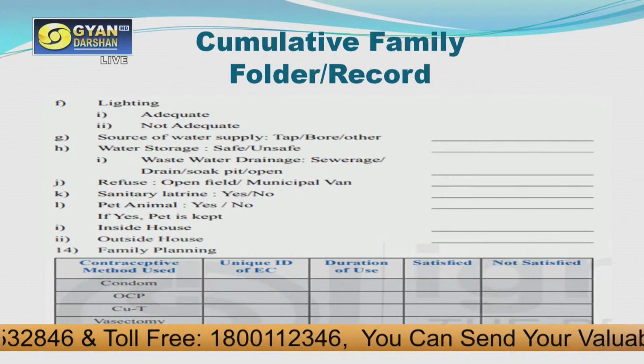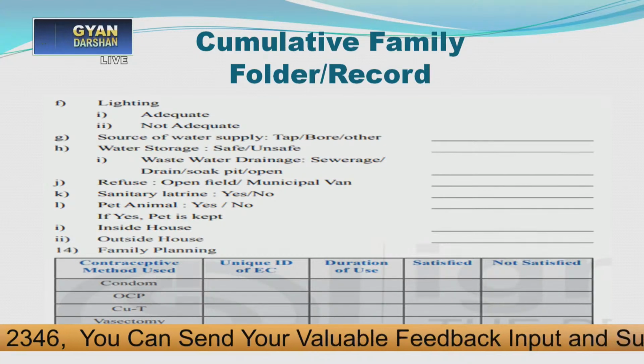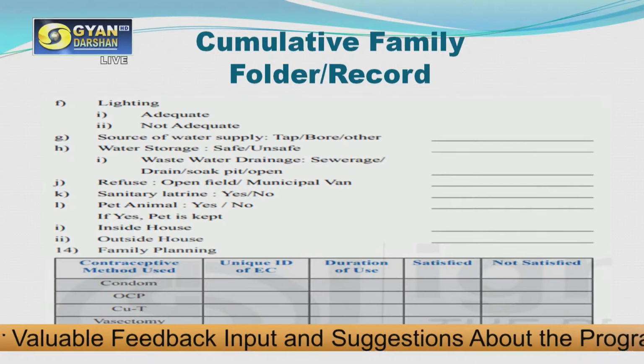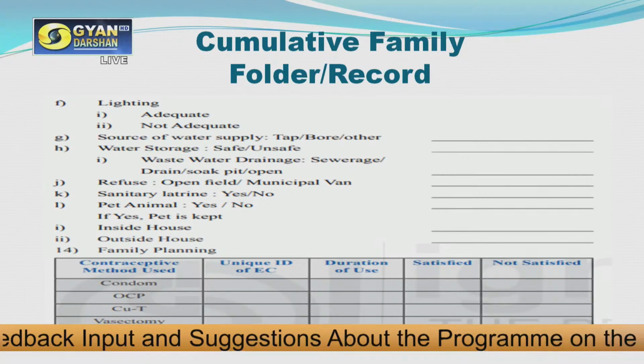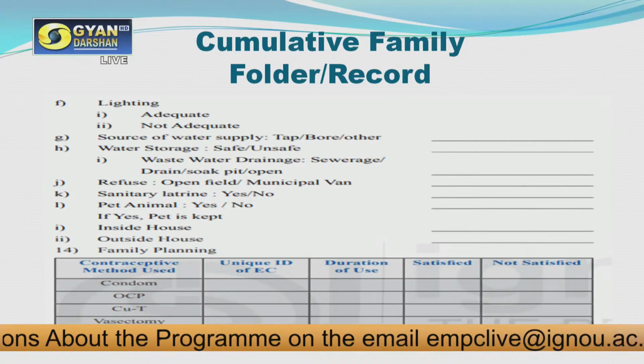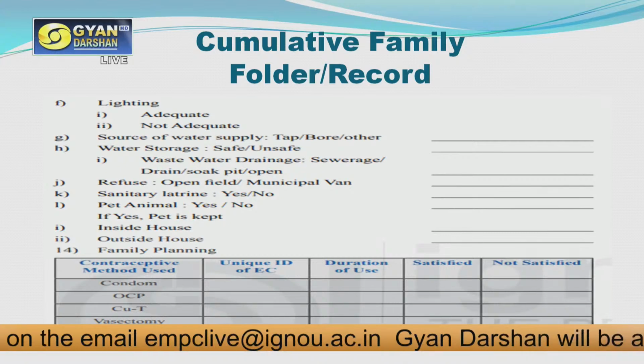So you can write down in the space given as per the data you get. And then refuse, whether they use an open field or a municipal van comes to collect the refuse, you can ask. Then sanitary latrine, whether it is available or not.